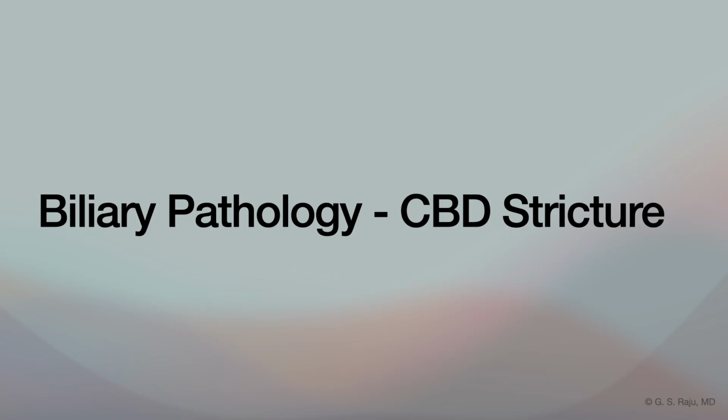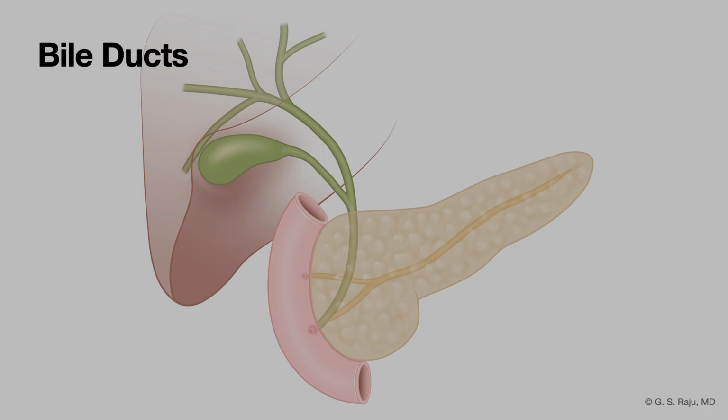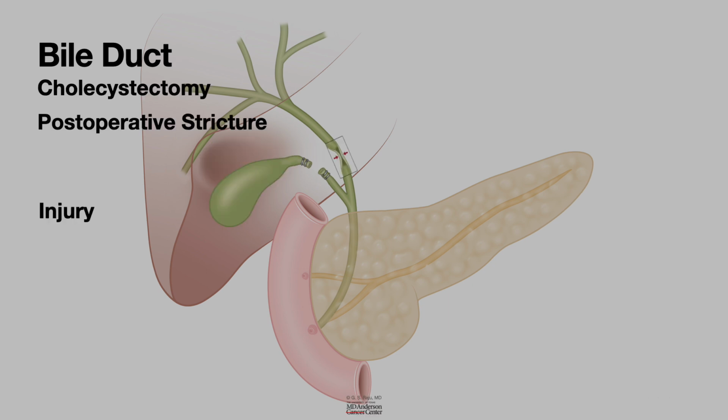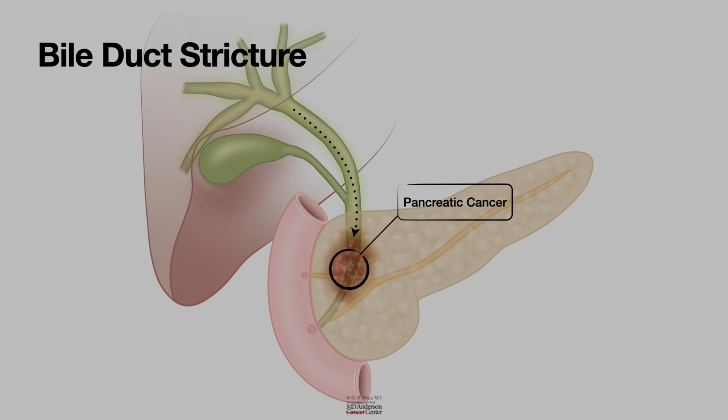Sometimes the injury could lead to stricture. So when a gallbladder is removed and the current inadvertently goes to the common hepatic duct, it can lead to post-operative biliary stricture. Another reason for bile duct stricture is cancer.